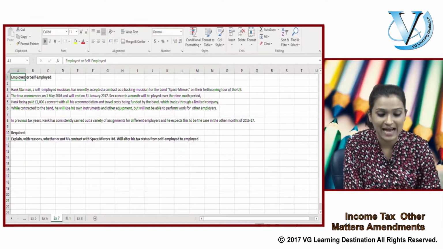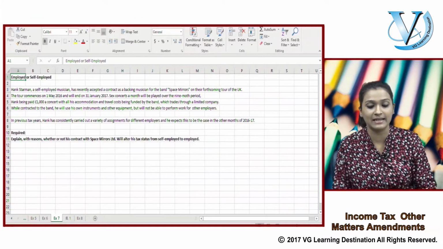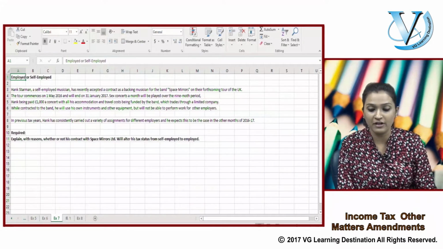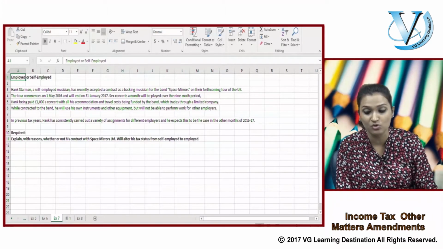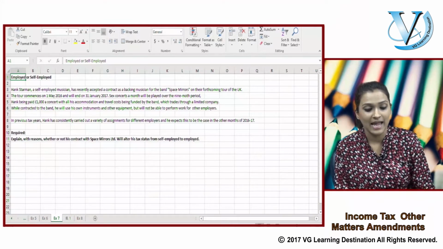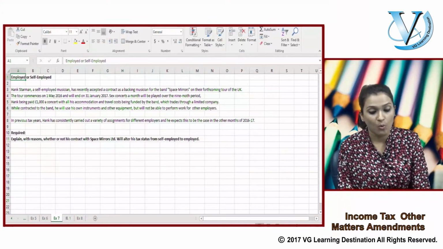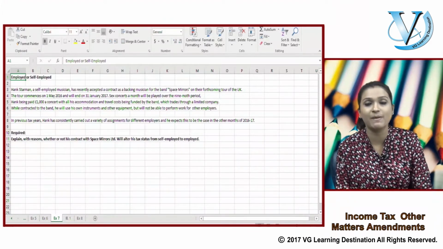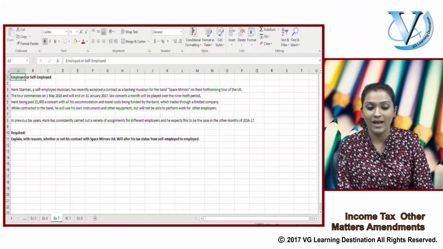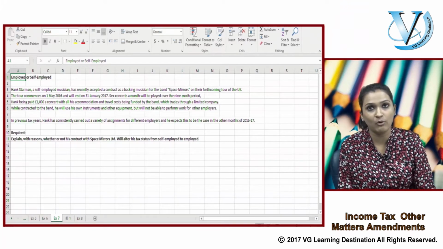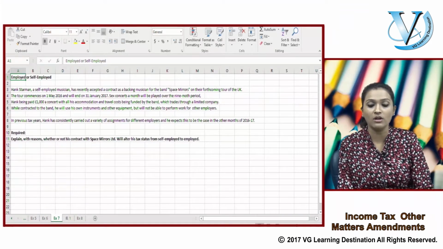In the previous tax years, Hans has consistently carried out a variety of assignments for different employers and he expects this to be the case in the other months of 16-17 as well. Explain with reasons whether or not his contract with Space Mirrors Limited will alter his tax status from self-employed to employed.